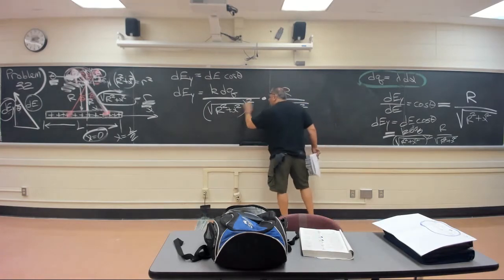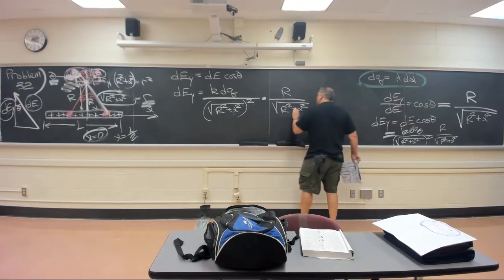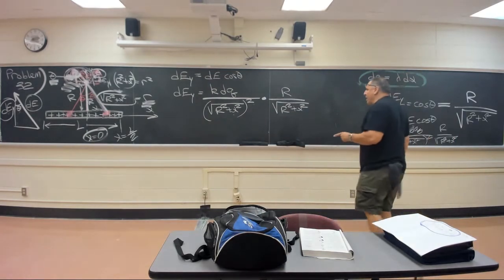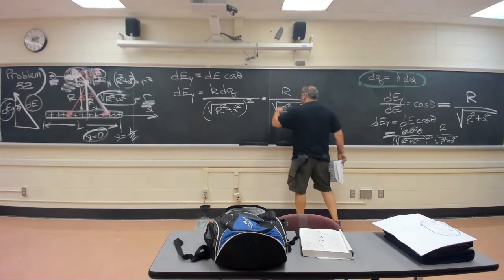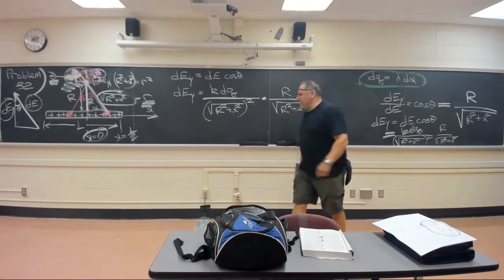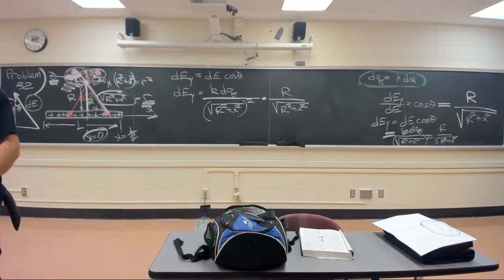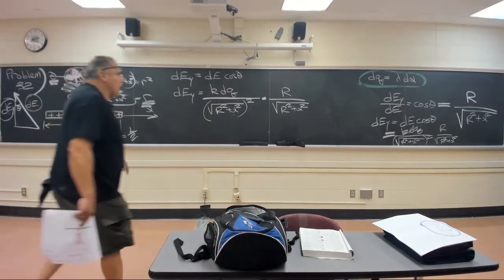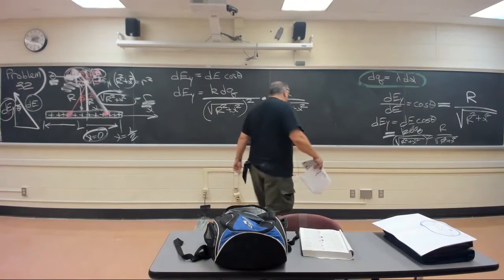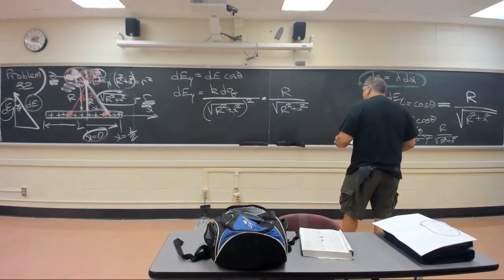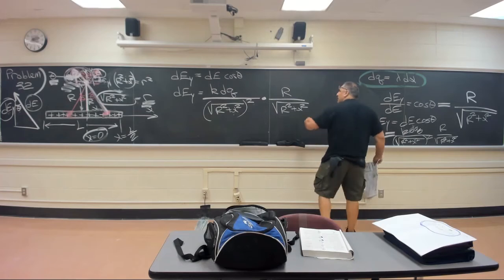This right here is the hypotenuse squared, and this is the square root of the hypotenuse. Wait a minute. Hypotenuse squared times the square root of the hypotenuse is the hypotenuse taken to the third power. In other words, the square root of the quantity R squared plus x squared, taken to the third power. So let's see what we got here, guys. At the end of the day, what's going on here?